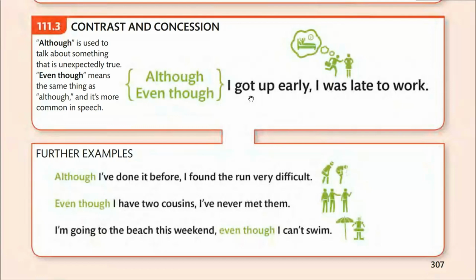So that is why we use although. That's why it is contrast and concession. So it could be, although I got up early, yet I was late to work, without a comma. Or although I got up early, comma, I was late to work. Even though I got up early, comma, I was late to work.